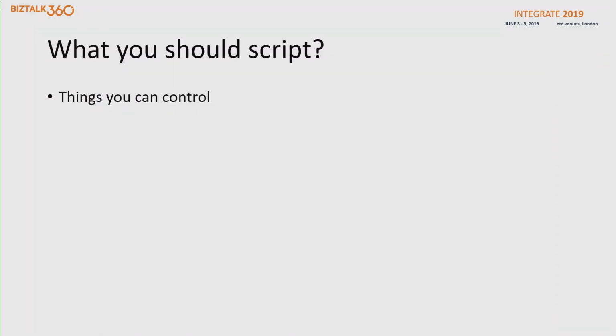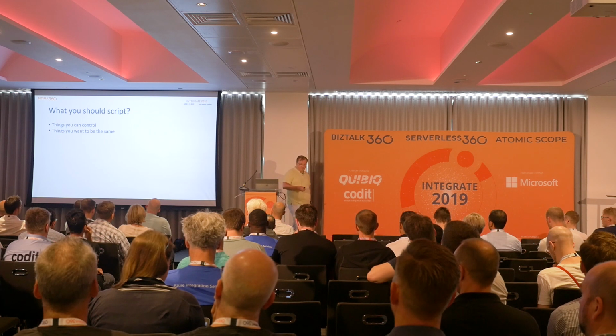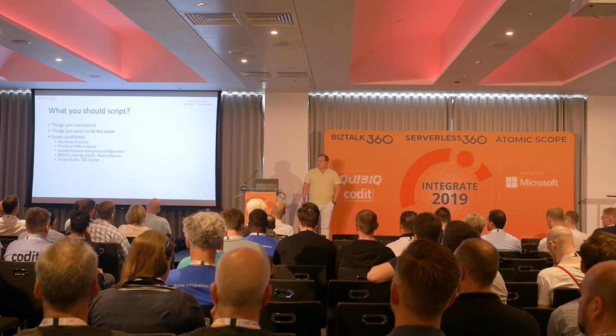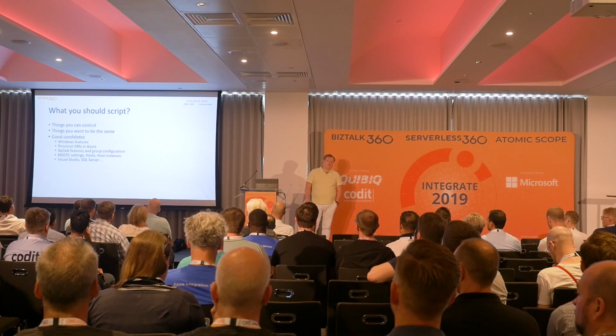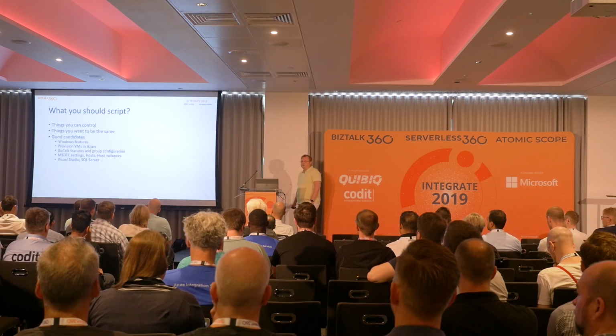So what should we script? Things you can control and things you want to be the same over and over again. There are some good candidates. You have the Windows features.